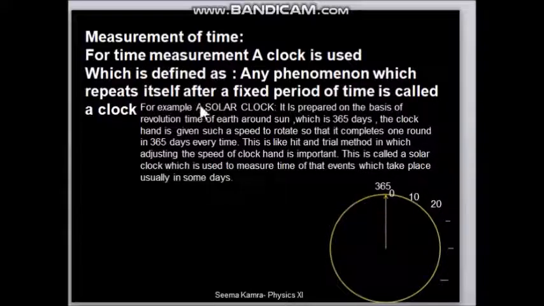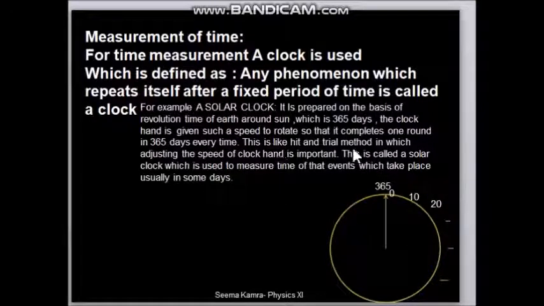So the solar clock is the one which is prepared on the basis of the revolution time of Earth around the Sun, which is 365 days. The clock hand is given such a speed that it completes one round in 365 days every time.